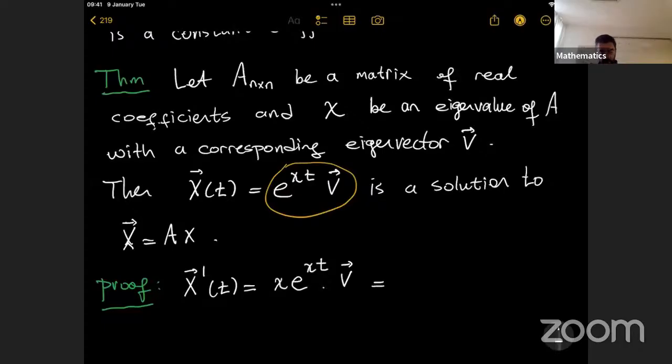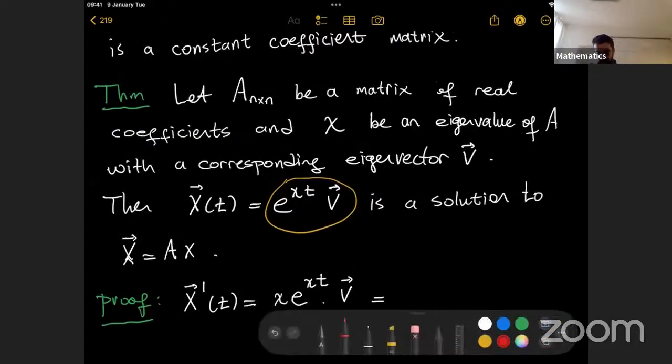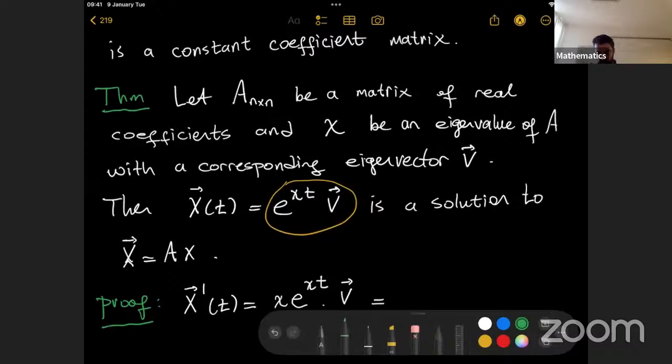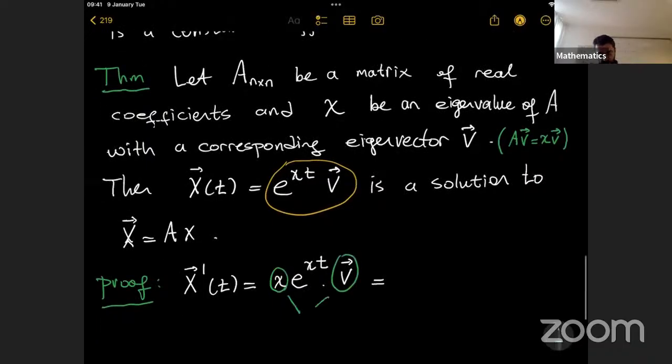Eigenvalue means, remember, that A times V is equal to lambda times V. Lambda is the eigenvalue, V is the corresponding eigenvector. So we have here lambda times V, which is A times V.